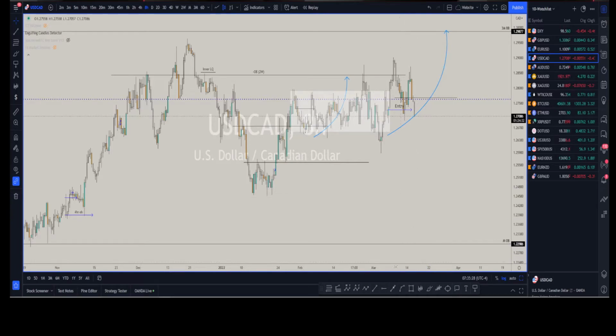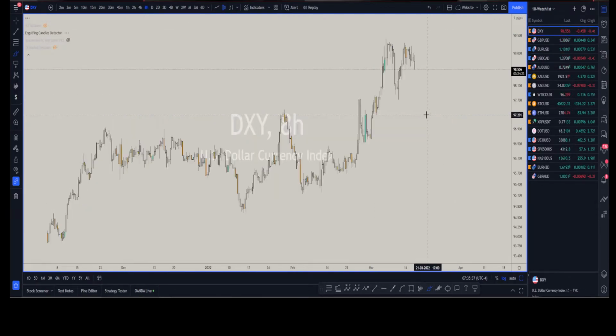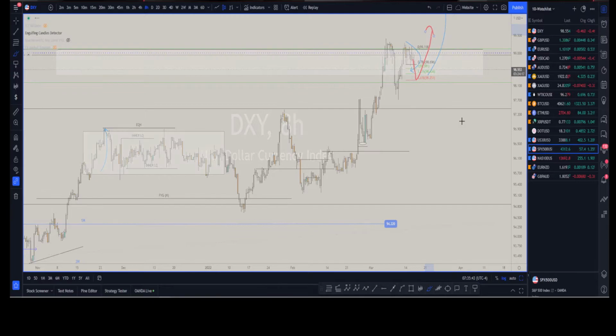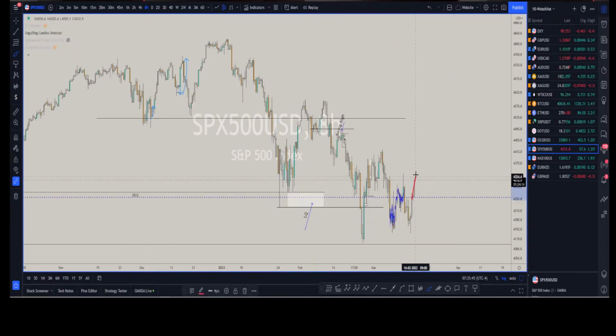So basically we might have this and then back up, where the DXY can complete this and back up, and this one, as I explained earlier, goes up towards this area and continues the down move.